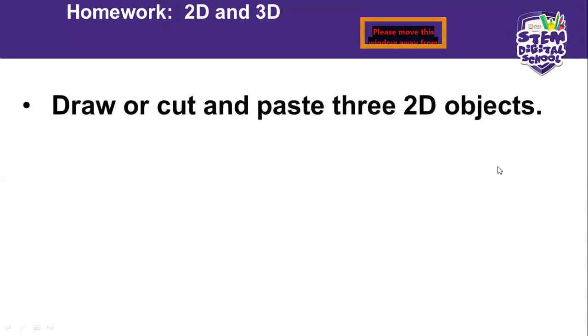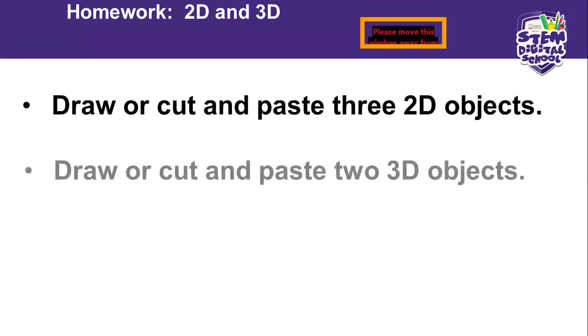Remember, every day we have homework, and I encourage you to please submit your homework so that we can share it with the other learners. All right, this was our homework yesterday.